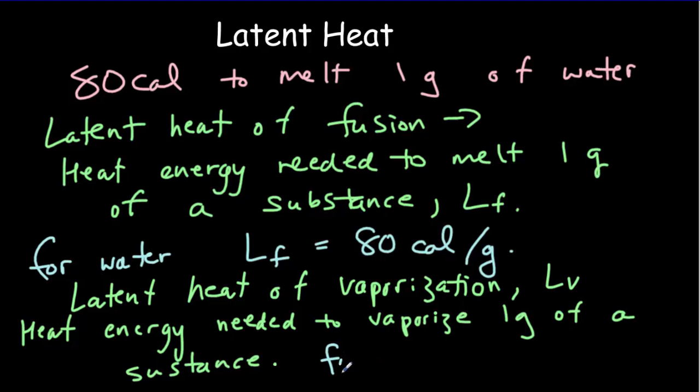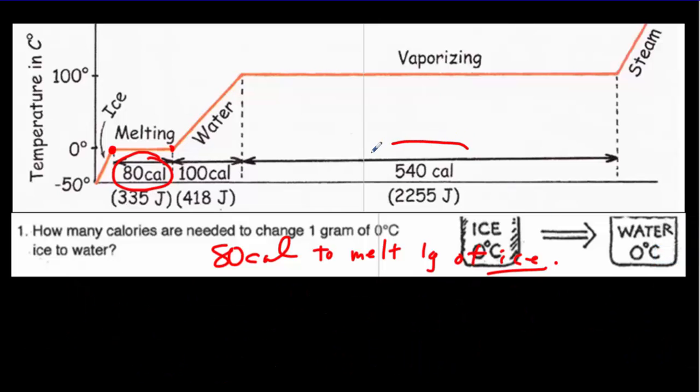And for H2O, the value of the latent heat of vaporization is 540 calories per gram. And once again, we can see that on our heating curve. And it's this energy here. It's the energy to take water at 100 degrees Celsius and turn it into nothing but steam, still at 100 degrees Celsius.